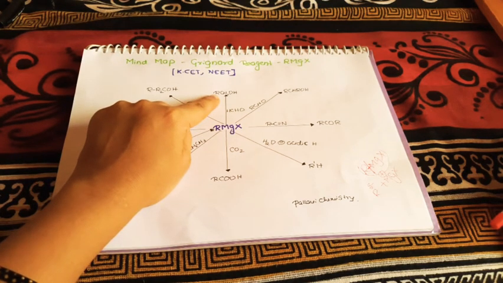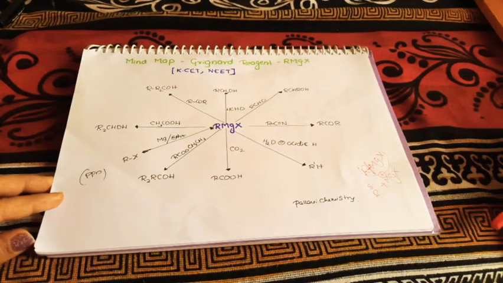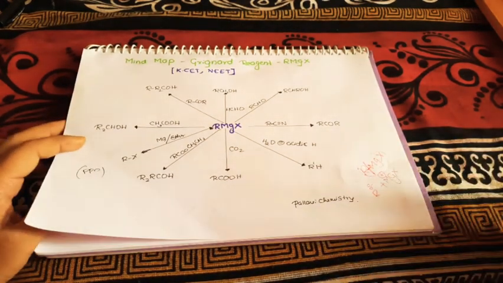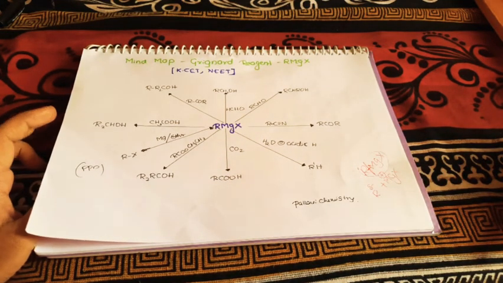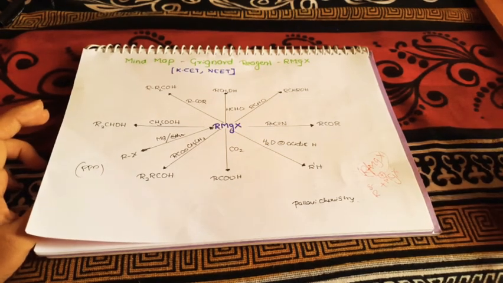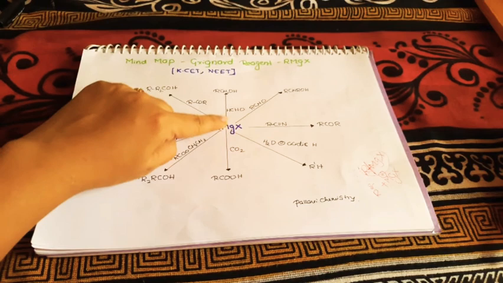Here the question comes, how exactly will it be formed? I'll show you one reaction through which you can practice the remaining. If you have any doubt, you can comment in the comment box so that I can clarify. So let us go with this mechanism, how exactly it is going to happen.